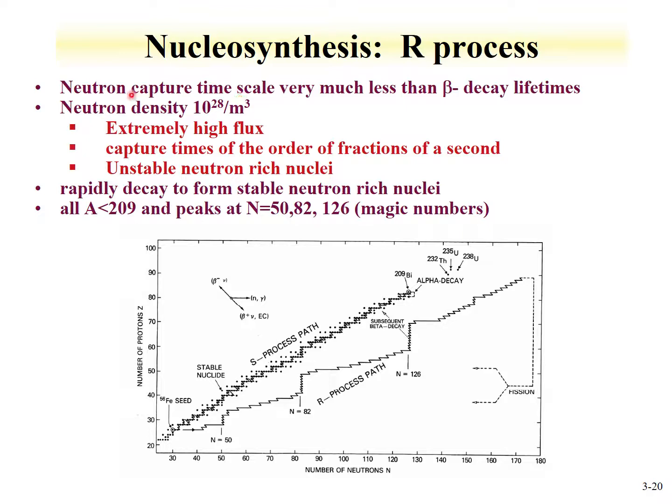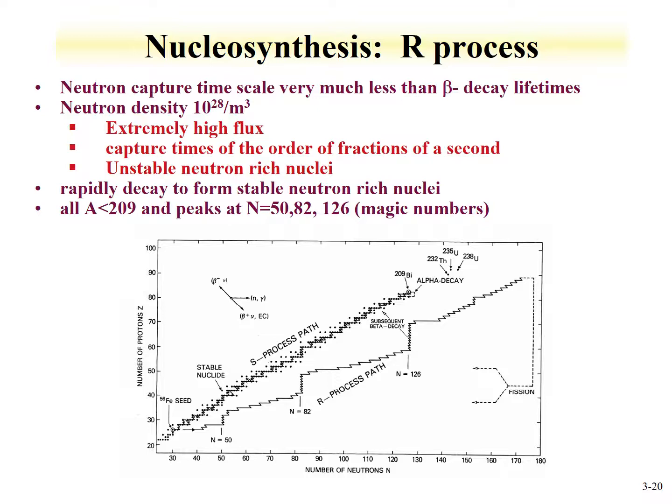This occurs when we have neutron densities on the order of 10 to the 28th per meter cubed. You can compare that to, say, how much water there is in a cubic meter of water. This is an extremely high neutron flux, and you get capture times on the order of fractions of seconds. And this can produce unstable, neutron-rich nuclei.